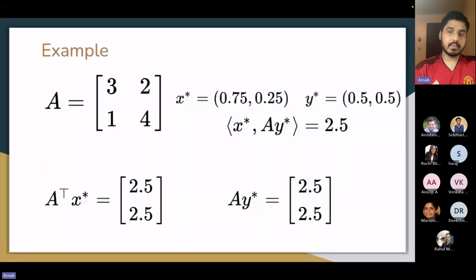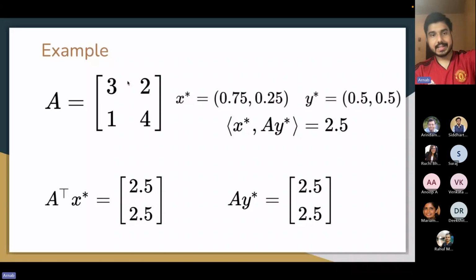Similarly, from the perspective of Y star, it's half and half. So just take an average of these two, and you'll get 2.5 and 2.5. If the column player is playing this particular strategy, then the reward of each row is the same.